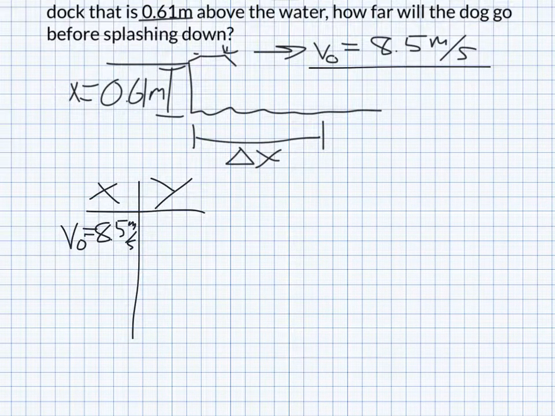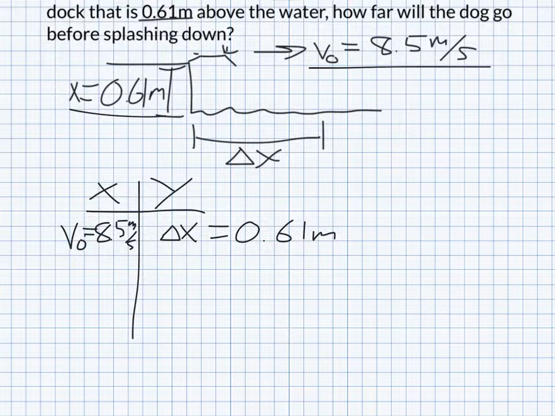I know that this is a vertical height. This is a delta x in the y direction equal to 0.61 meters. That's all they gave me. But you always got to be careful because in most projectile problems there are a lot more givens that you can suss out, even besides the ones that they told you directly.